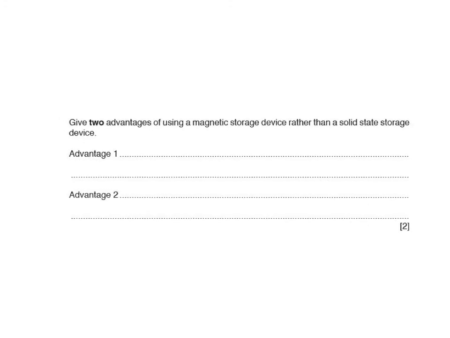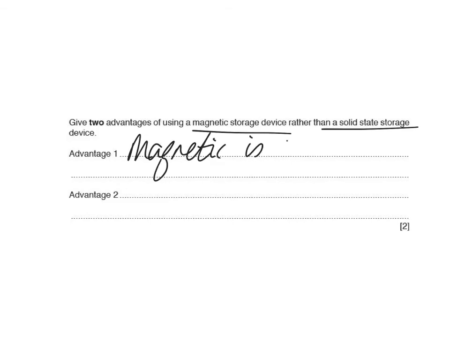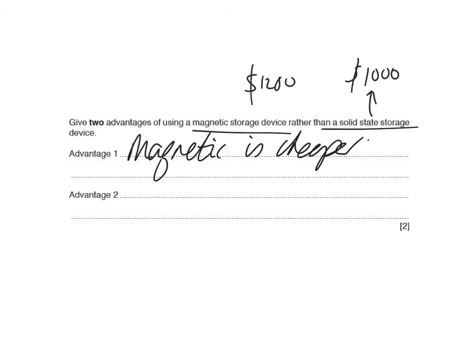2 advantages of magnetic storage rather than solid state. So this is one where people would stop after they say magnetic is cheaper, but you could easily go and buy a solid state storage device for $1,000 and then pay $1,200 for a magnetic storage device, which means it's not cheaper.